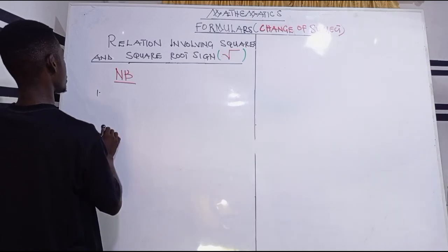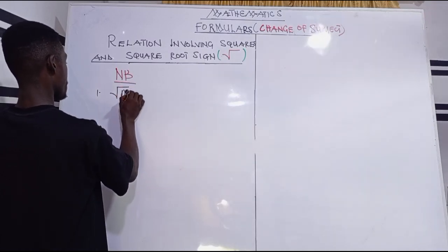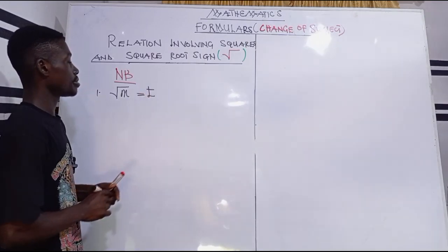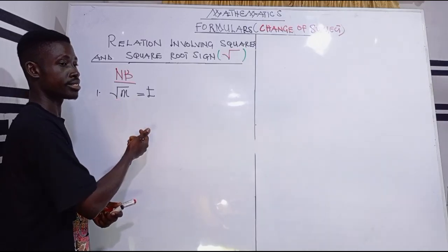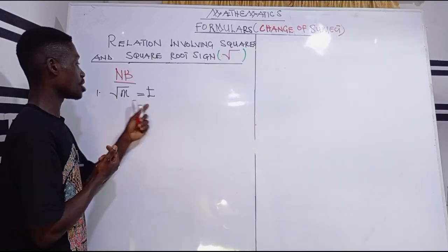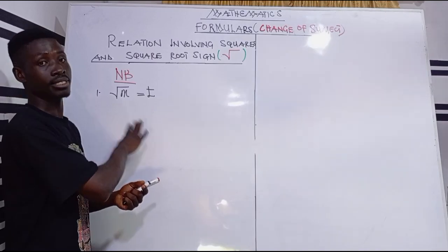So the first one is when you have, let's say, root of m is equal to t. Our intention is to make m the subject of this equation. But we realize that m is under the radical sign.